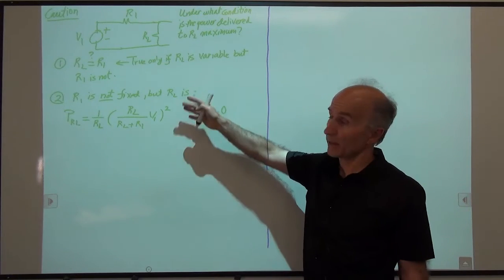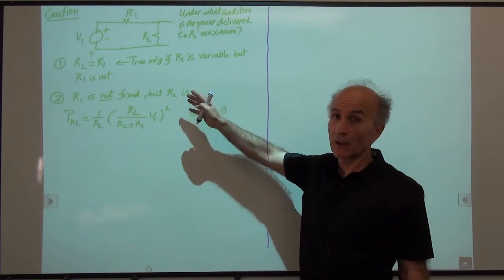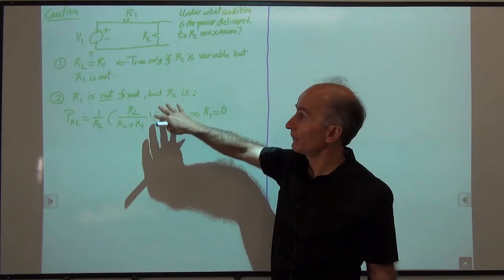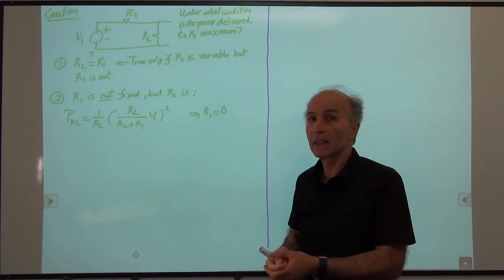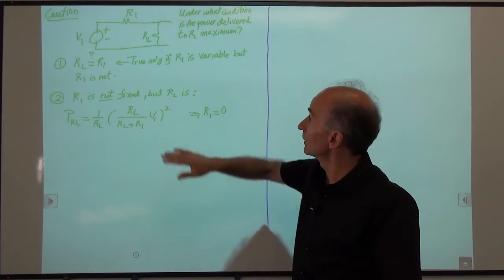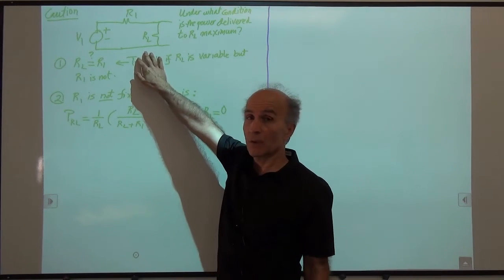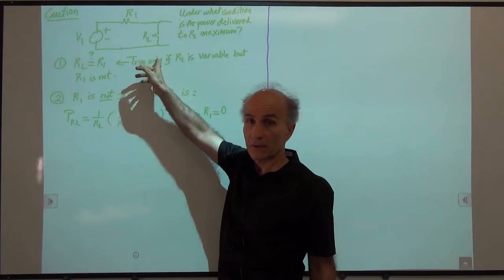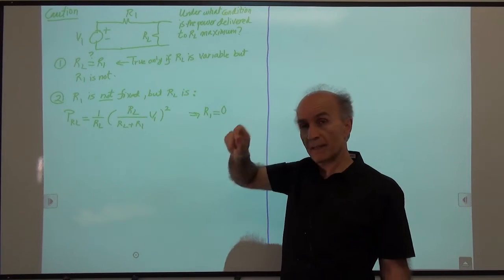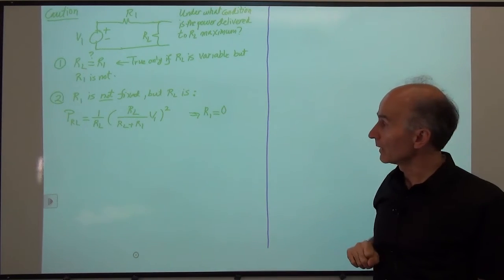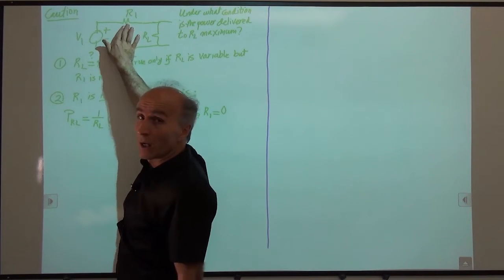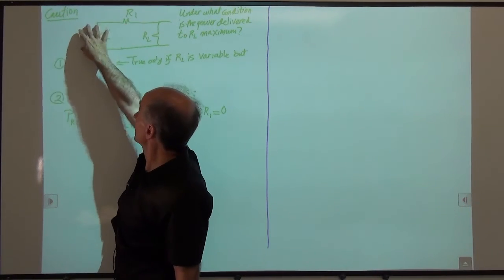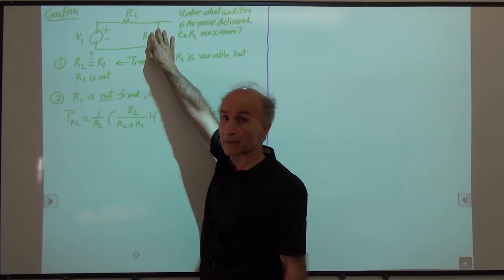So these two cases are extremely important. Whether you have this or you have this has to be specified, right? We have to see in a given application what's what. But if I just ask you in the circuit under what condition we have maximum power transfer, you don't know because it just depends on which one is fixed and which one's not fixed. This sort of makes sense because if R1 is 0, I have allowed all of this voltage to appear across RL.